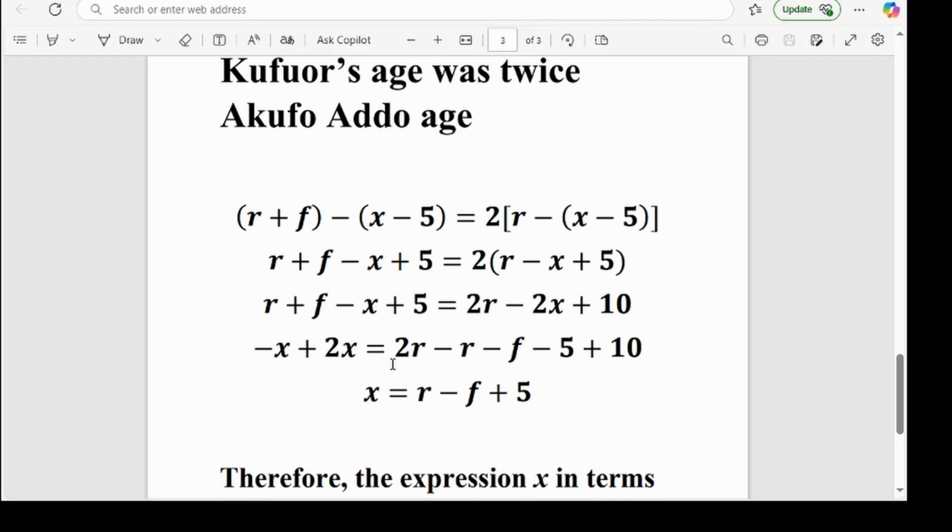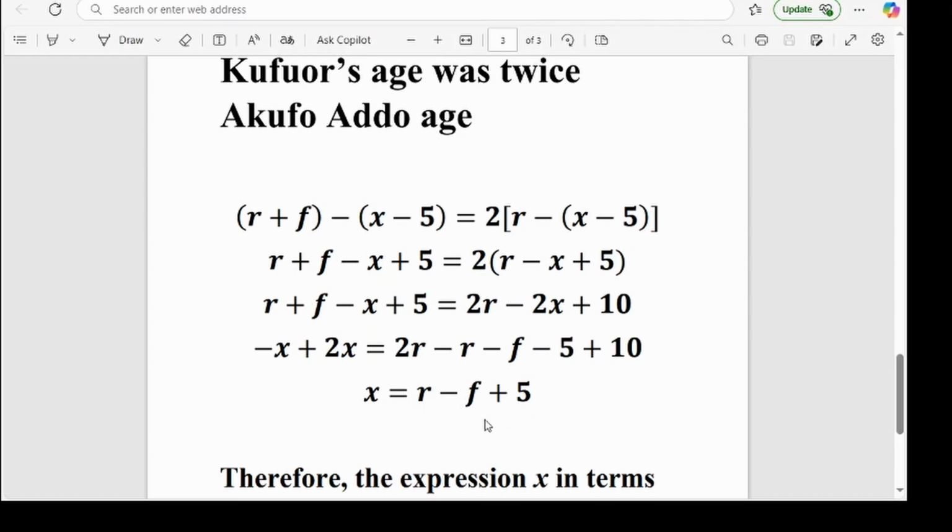So let's solve for the other side. 2R minus R. So you have two things, then you lose one, you are going to be left with just one. So R, minus F. So negative 5 plus 10 would give you a positive 5, right? So you owe someone $5, then you go and work and you get $10 as income, and you pay off that person, you are going to be left with just $5.